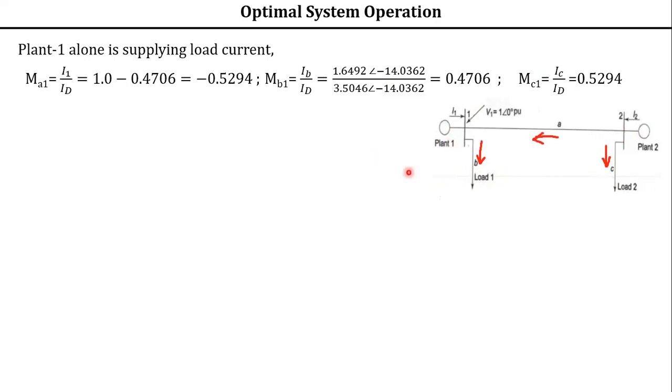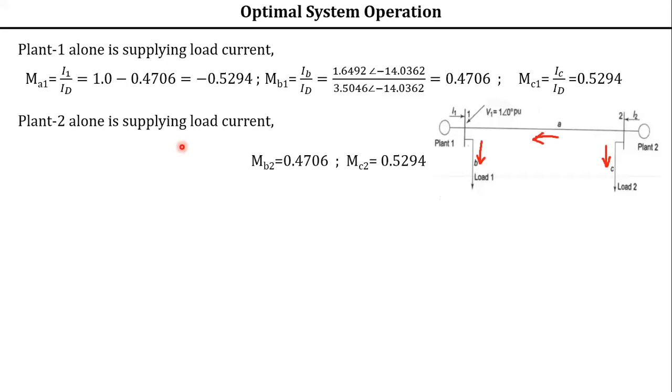Please keep it in mind. The branches which are connected to the load directly, the current distribution of such branches will remain the same irrespective of the operation of the plants. So even when plant 2 is operating alone, MB1 and MC1 remain the same. Clear?